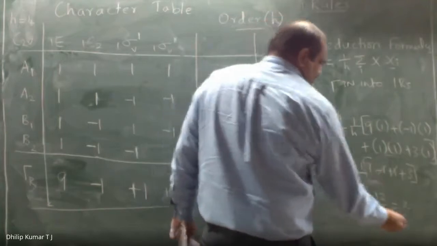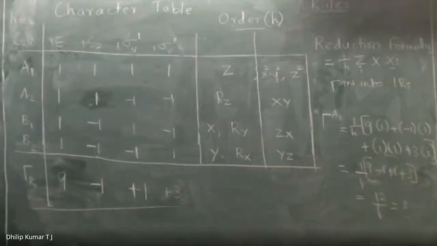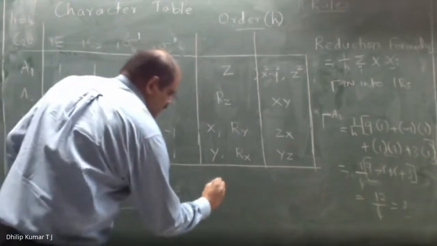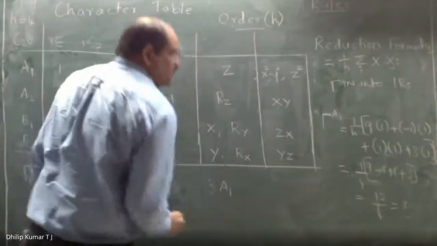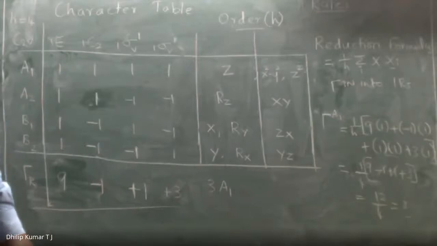If you do it, this A1 appears 3 times, so I can write 3 times A1. Similarly, you have to do it for A2, B1, B2. I need a bigger board. So A1 is 3 times A1. Now I erase this and go to the next part. Let's do A2.